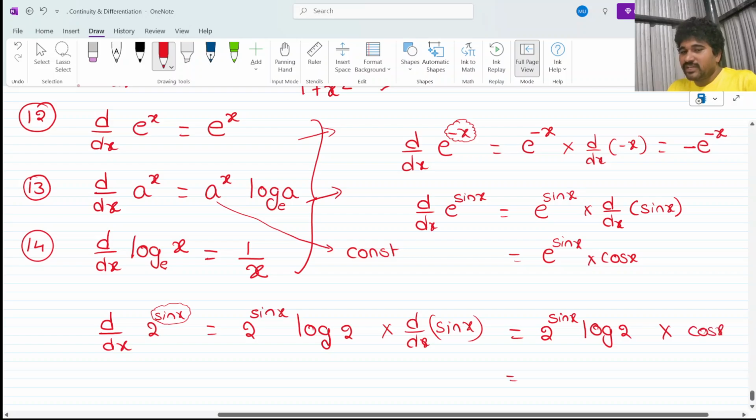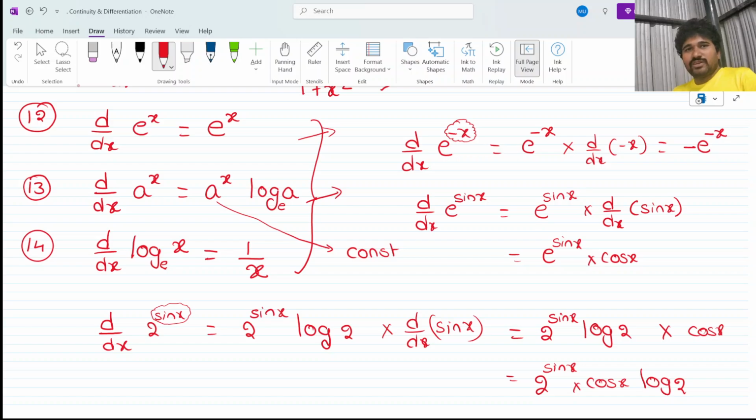Read it properly: 2 power sin x into cos x into log 2. Is that clear? Understood? So what I am doing, observe. I am applying the formula only. But whenever it is not x, I am treating it as something into the differentiation of that something. Is that clear for everybody? What is the differentiation of log x?